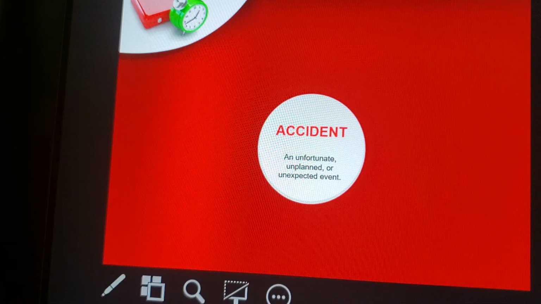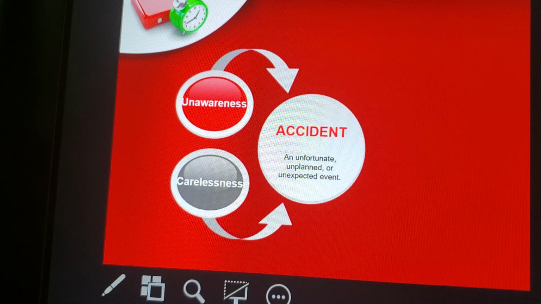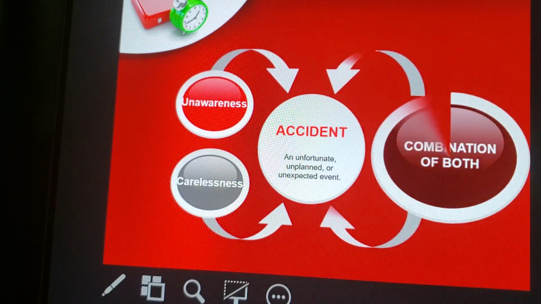So once you read off the definition, very short, sweet, and to the point, an accident is an unfortunate, unplanned, or unexpected event that is usually a result of carelessness, unawareness, or a combination of both. Bam, you have it right there, okay?